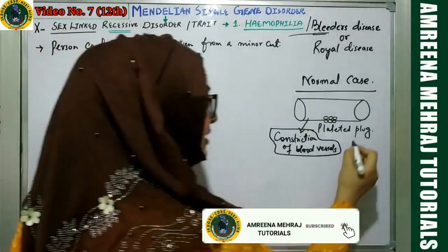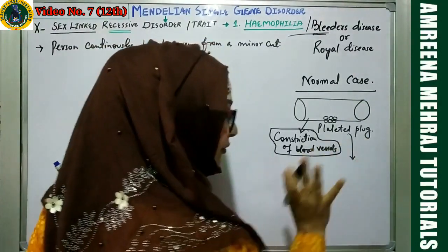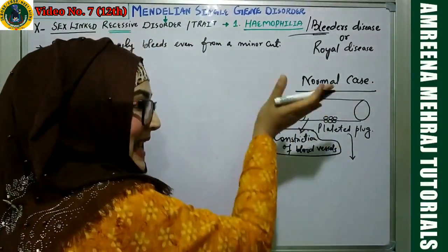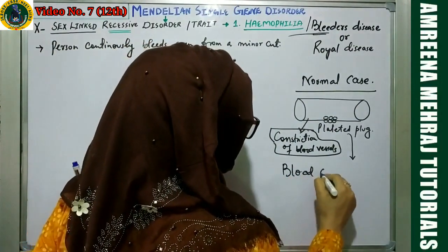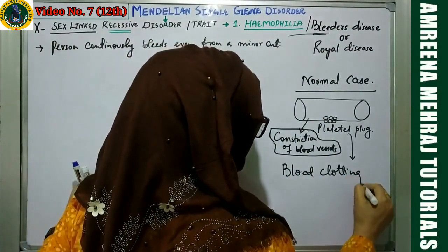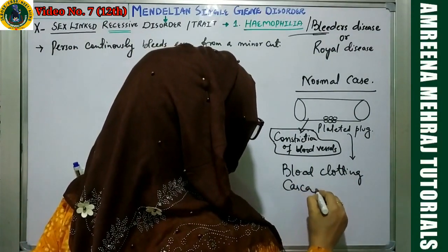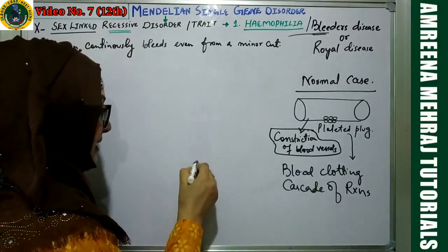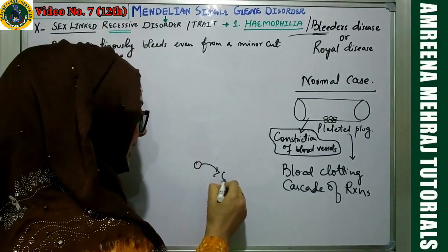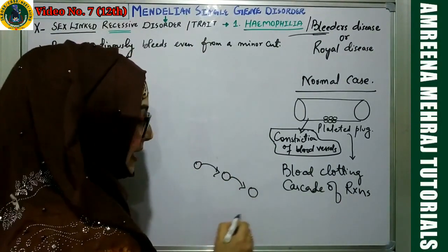And then once you have this blood platelet plug formed, then inside, what will happen is a blood clotting cascade of reactions. That means certain chemicals will be activating other chemicals, which will be activating other chemicals.